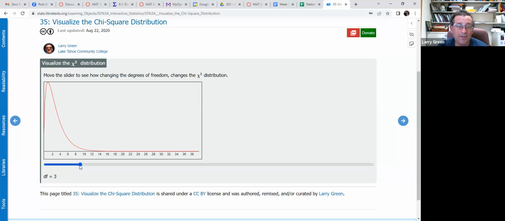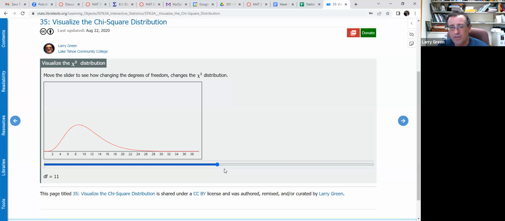On the other hand, if the survey question might be, instead of that, what month were you born in? Then you would have 11 degrees of freedom. What does it kind of look like now? What's the shape kind of look like? It's not perfect. But what's the shape kind of look like?